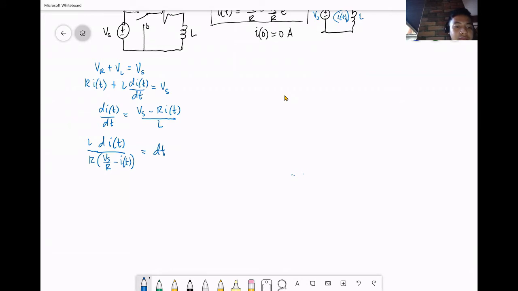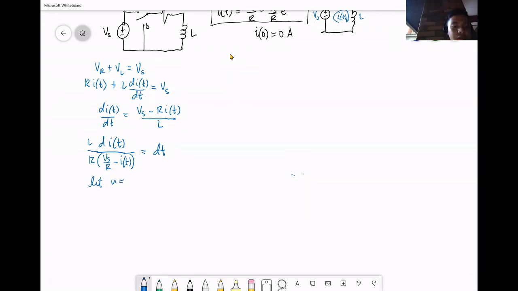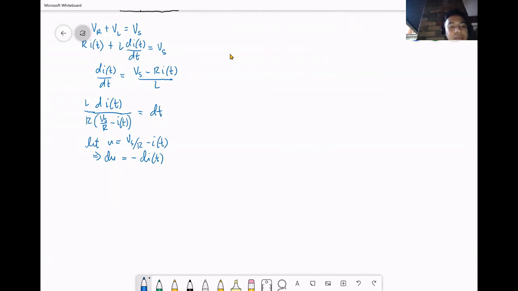Okay, and so let u is equal to Vs over R minus I of t, then this implies that du is equal to negative di of t. Okay. The previous one, you can also do that, but I'd like to make this a bit simpler for you. So you have L over R and then du over u is equal to dt.